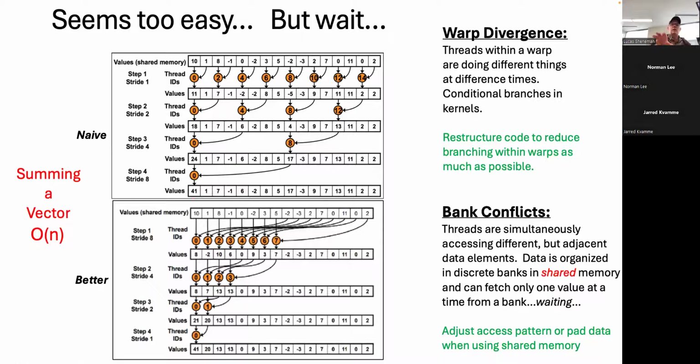And the ones that aren't are basically failing some if condition inside your kernel, which means the whole thing has to wait for that to fail before doing the next thing. So you have to be aware of the fact that these threads execute together in a warp. Otherwise, you end up with what's called warp divergence: threads within a warp that end up doing different things at different times. And that happens, again, because of conditional branches in kernels.